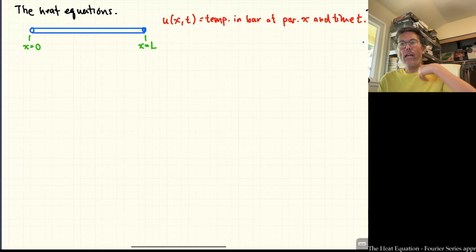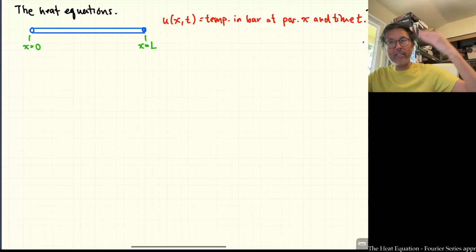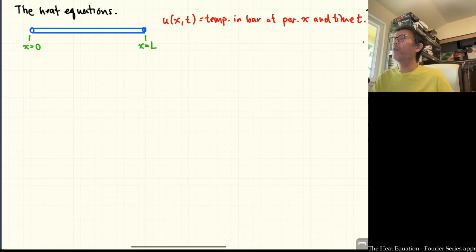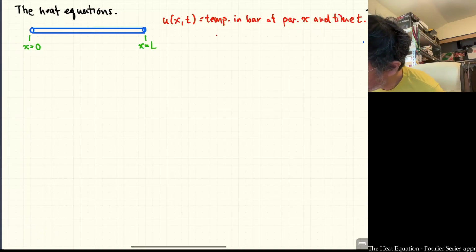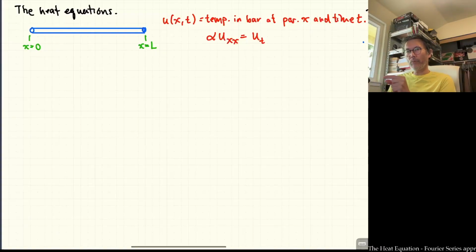And there's going to be a partial differential equation which governs the dynamics of this, which we call the heat equation. That partial differential equation we can write down. It's given by the following: alpha u sub xx is equal to u sub t. Remember, when we write these subscripts, what we mean are partial derivatives.